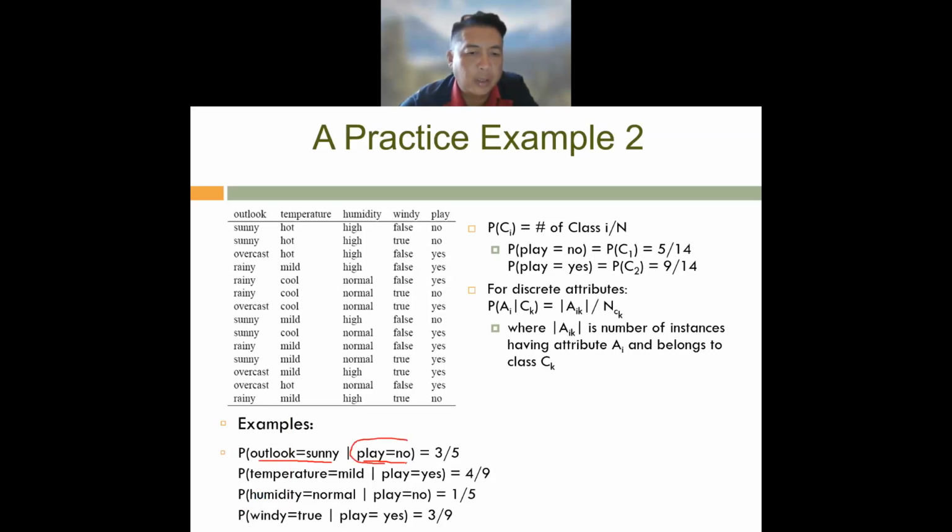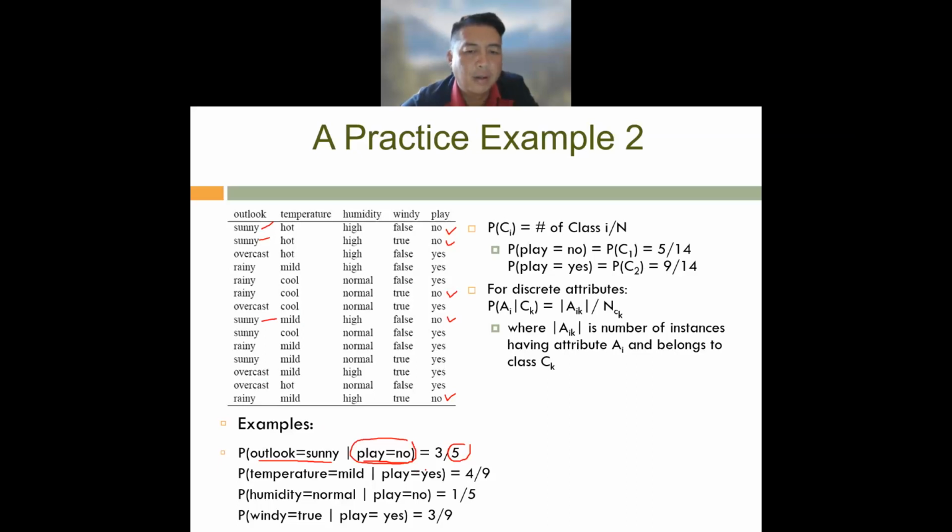We are looking at play no. We have 1, 2, 3, 4, 5, so we have 5 possibilities. And then what is the probability of having outlook is sunny? We just count 1, 2, 3. So only 3.